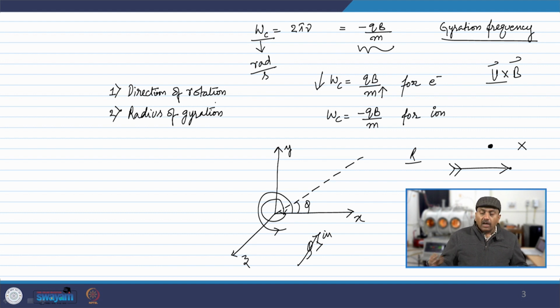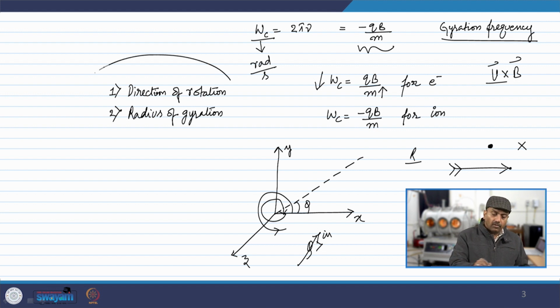So far, we have not derived any expression for the radius of gyration. We only have the expression for the frequency of gyration, which is just inversely proportional to the mass. So, for the same charge and the magnetic field, the heavier the particle, it will rotate slowly. And what about the radius?